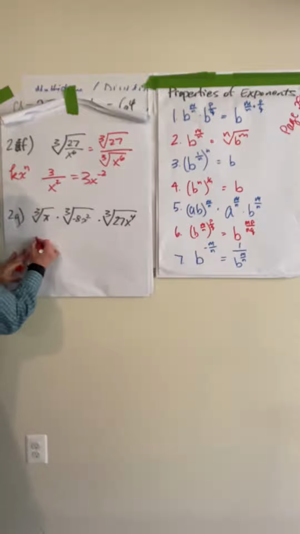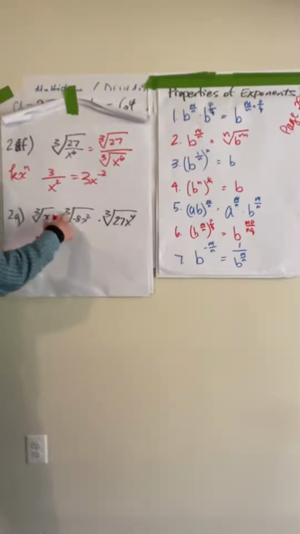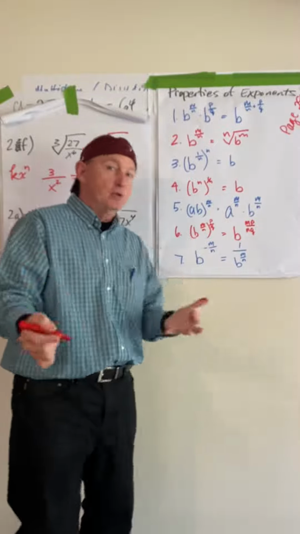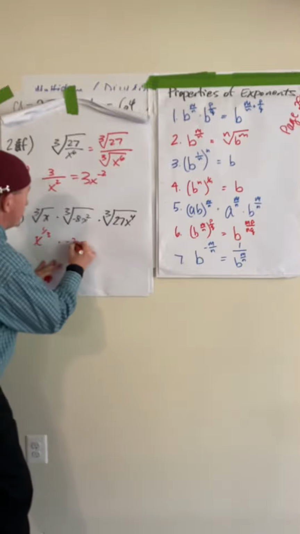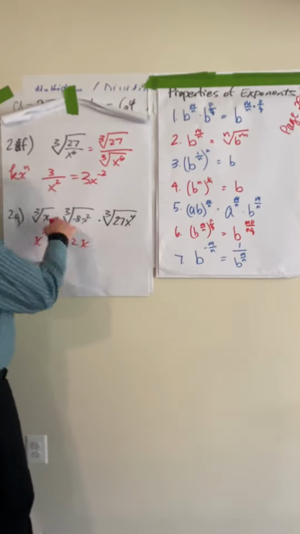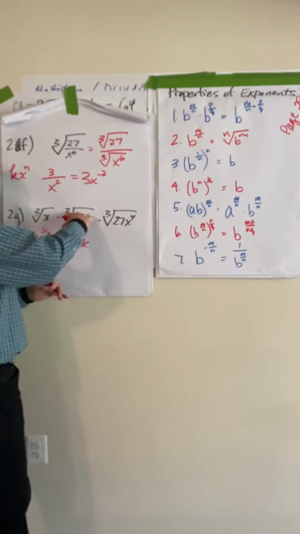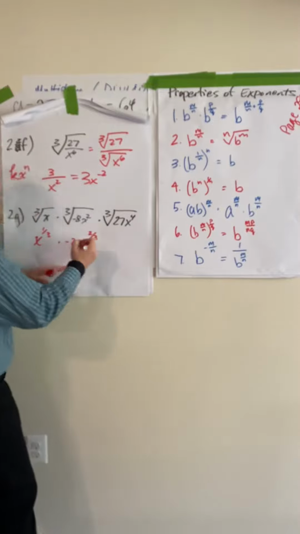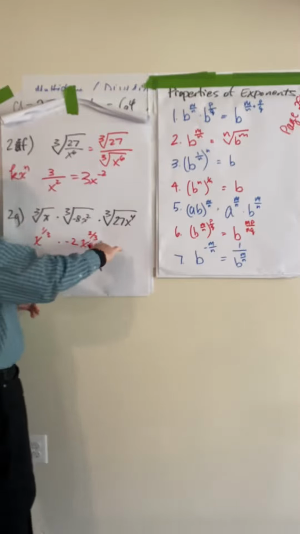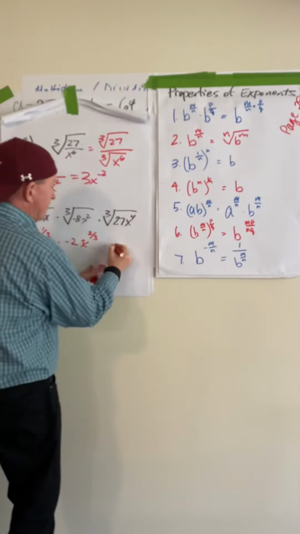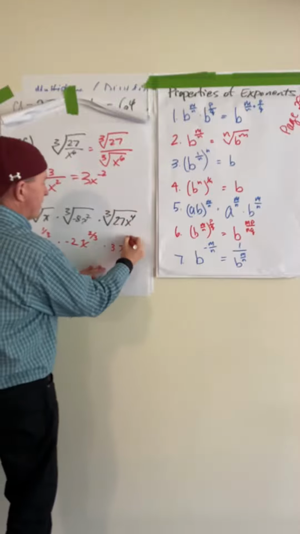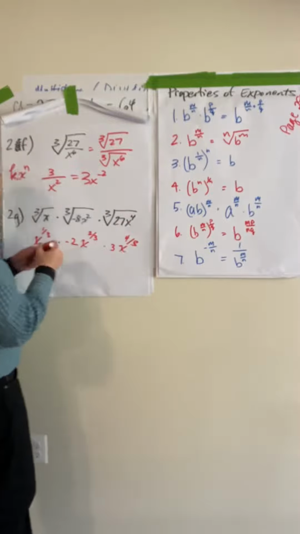Let's see what we're going to do. This is x to the 1/3 here times, okay, the cubed root of negative 8. The cubed root of negative 8 is negative 2. So that's going to be negative 2 times x to the, all right, this is the cubed root of x squared is x to the 2/3 times, and now we got the cubed root of 27 is 3, and then the cubed root of x to the 4th is x to the 4/3.